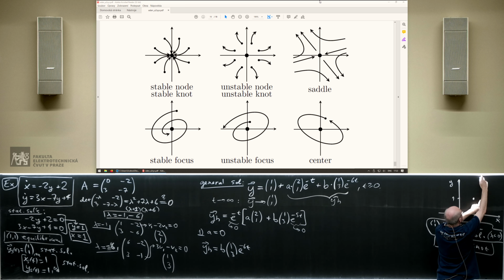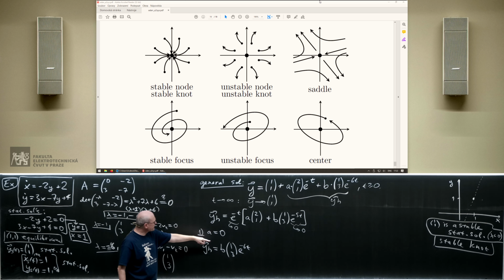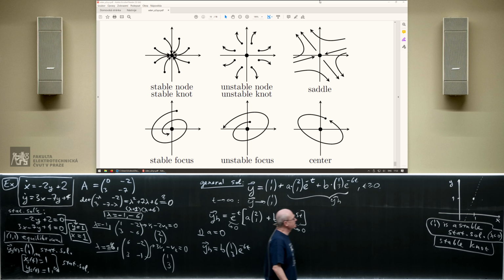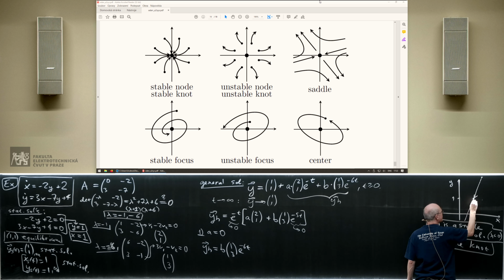It's a fairly steep, I guess, 1, 2, 3, I guess like that. That could be the direction 1, 3. And that's the direction of the orbits for this particular type of solution. So if you start somewhere on this line, and it doesn't really matter where, the solution will be going along this ray towards the stationary point 1, 1.